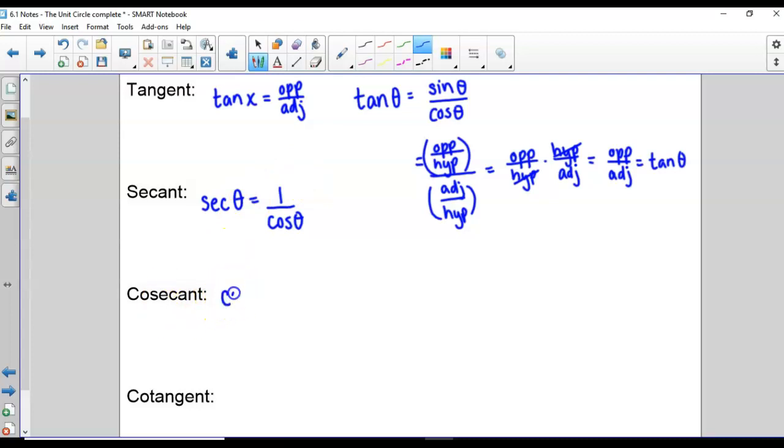Cosecant is abbreviated CSC. Sorry. And cosecant is 1 over sine of theta.